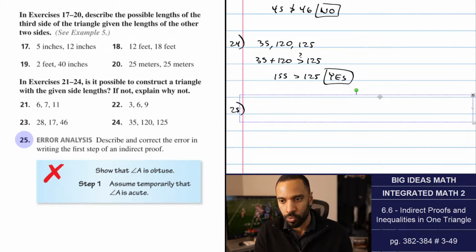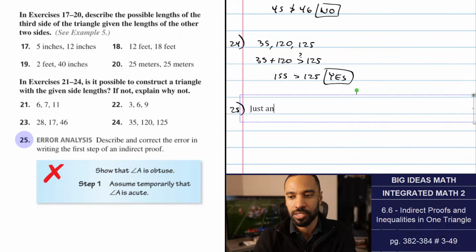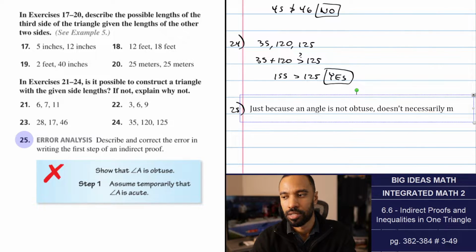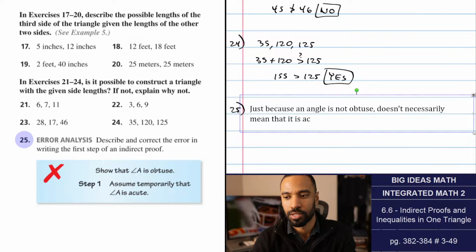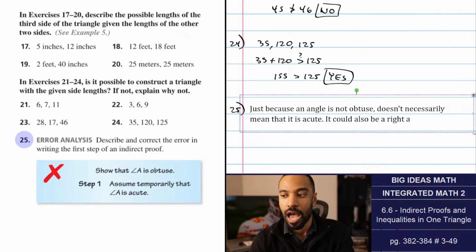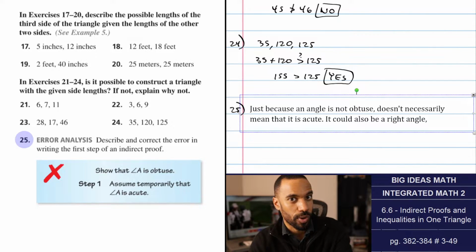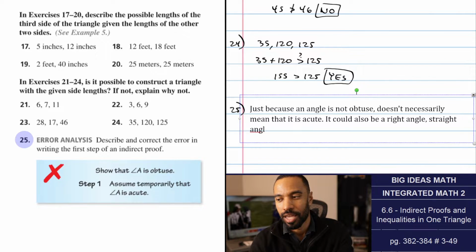Just because an angle is not obtuse doesn't necessarily mean that it is acute. It could also be a right angle. I don't know if they're talking about triangles, but it could also be a straight angle. And in some cases, a convex angle.